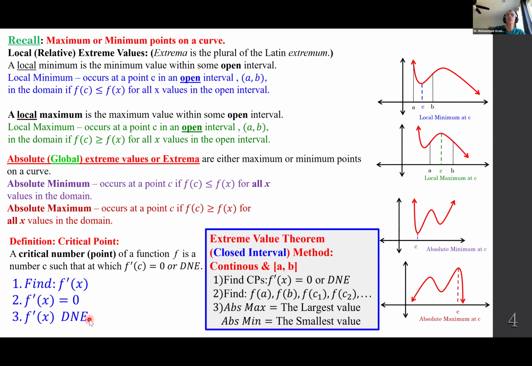Now, the extreme value theorem, or closed interval method, pertains to a continuous function in the closed interval a to b. Find the critical points, f prime equal to 0 or does not exist, find the functional value at the endpoints a and b as well as c1 and c2. The absolute max is the largest value, the absolute min is the smallest value.